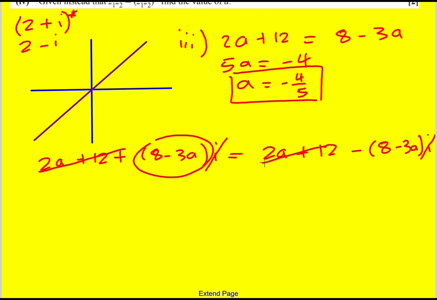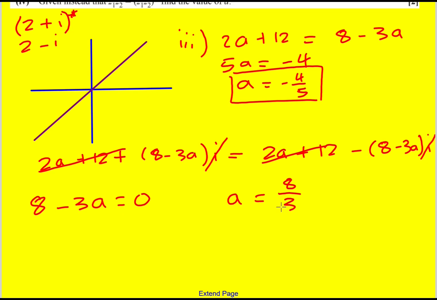That's the only way that can happen if a positive equals its negative. You might instead add 8 onto both sides and then add 3a onto both sides. But basically, you can just say that the imaginary part must equal 0. And therefore, 3a is equal to 8. So a is going to be 8 over 3.